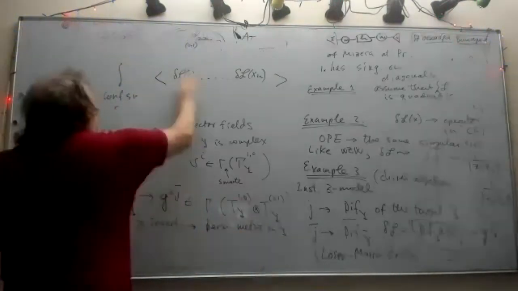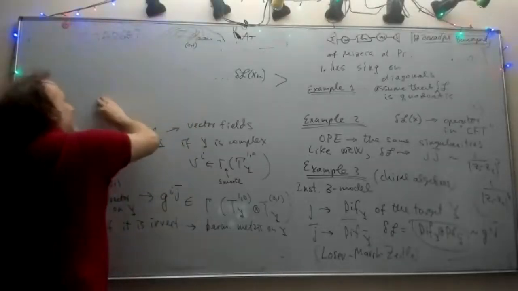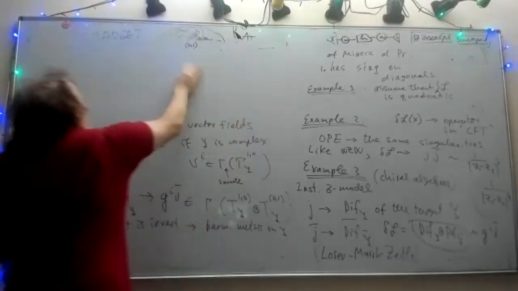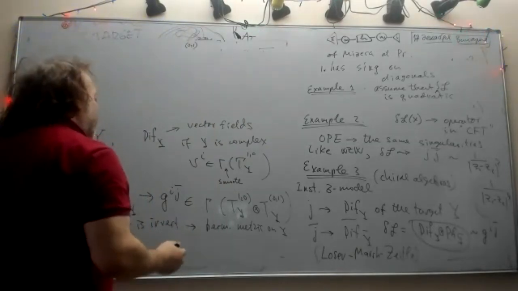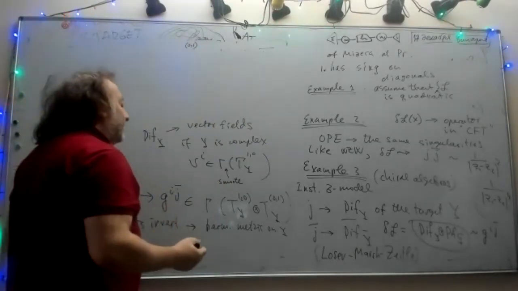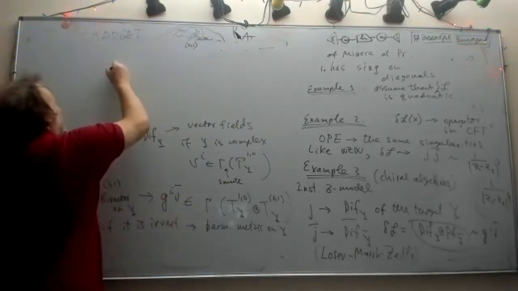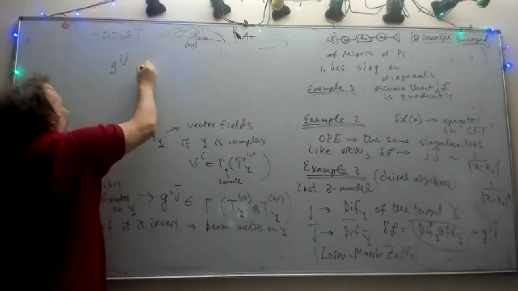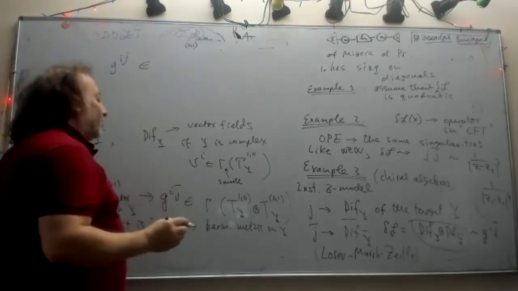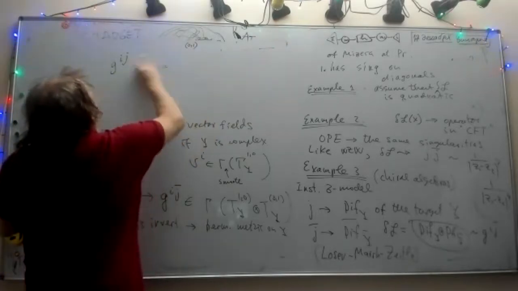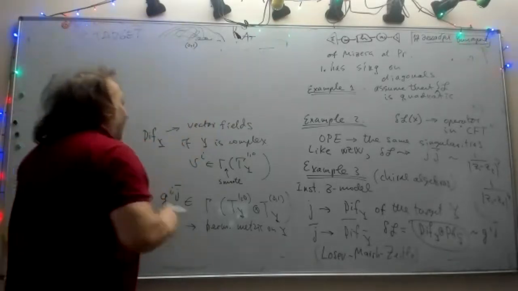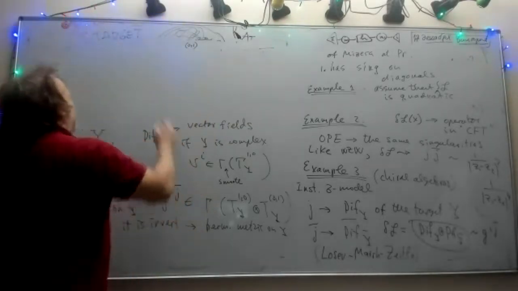Now, I'd like to understand G^{i j-bar} that belongs to the completion. So what do I do? I'd like to study something like a beta function.